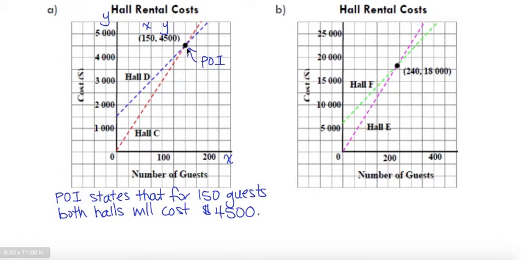So what happens before that point of intersection and what happens after that point of intersection? If we have less than 150 guests, so if we have 149 guests and below, which hall is going to be cheaper? Well, we can see based on the graph, before the point of intersection, hall C is lower than hall D, so hall C will be cheaper.